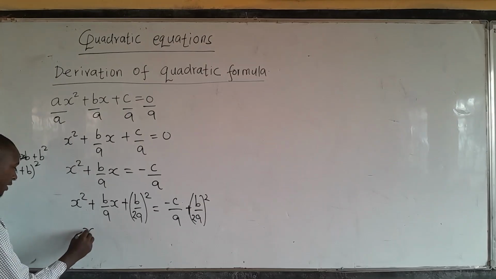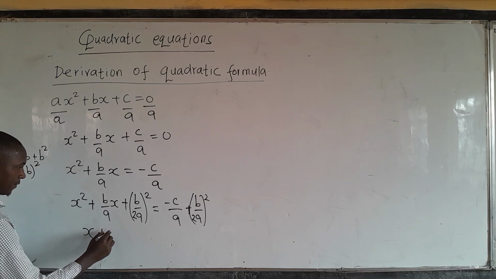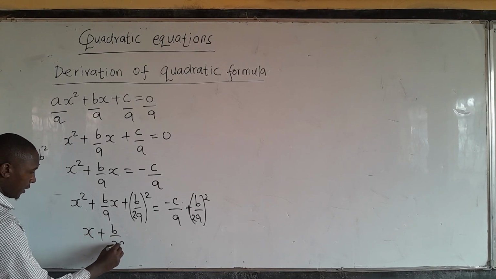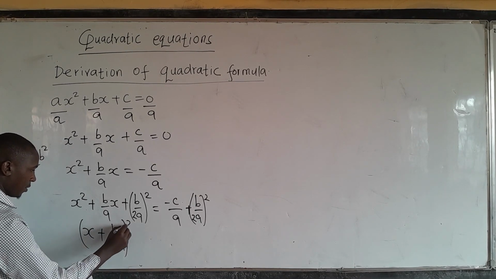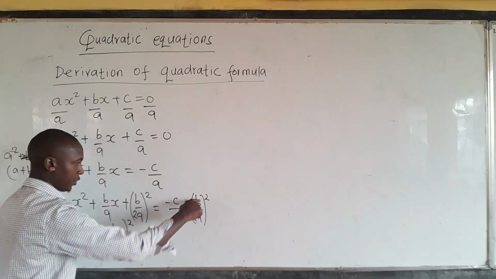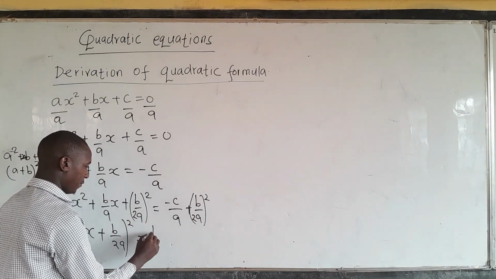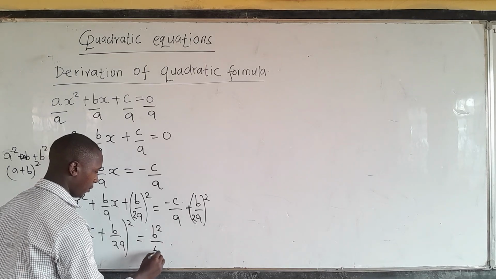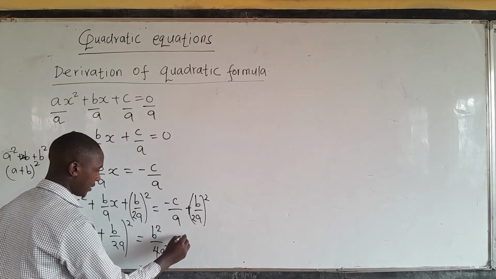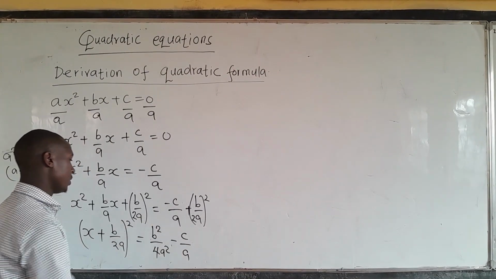Then we can write it as x plus b over 2a, squared, which should be equal to, if we square this, b squared divided by 4a squared minus c divided by a.